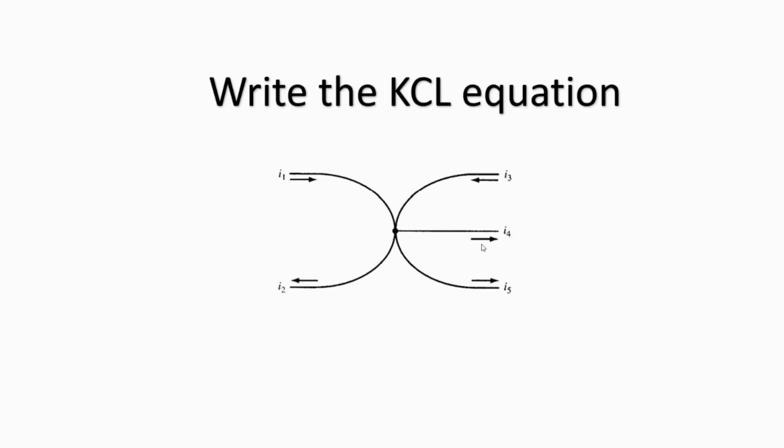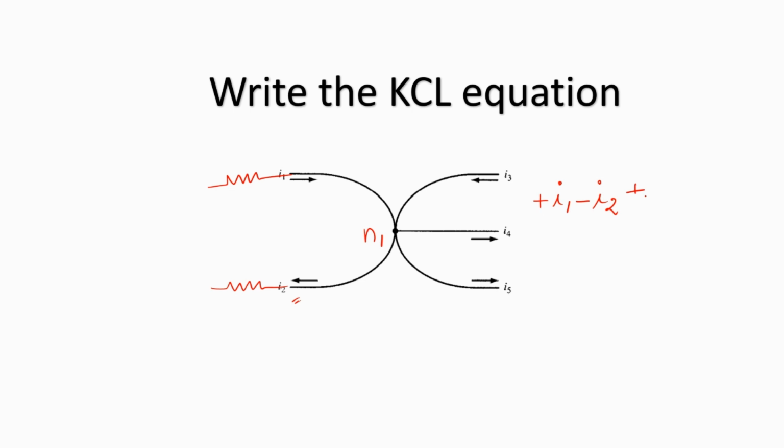Now let's try writing the KCL equation for this particular node over here. So there's just one node, I'll call it N1. Assume that there are some resistors connected to these random branches which are shown. So here I1 is entering N1. So I'll say plus I1. I2 is leaving N1. So it'll be minus I2.